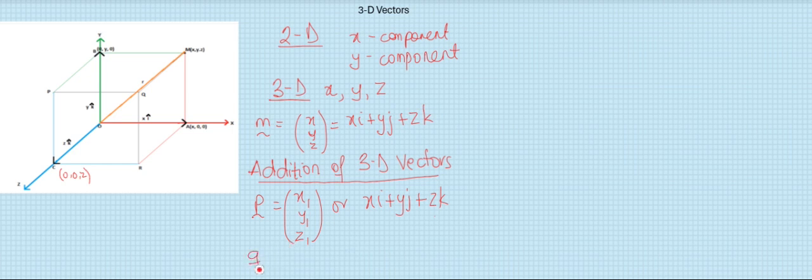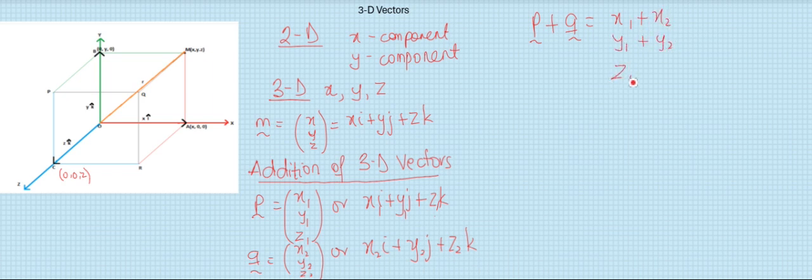And we have a vector Q, x2, y2, z2, or Cartesian form, so sorry, this will be x1, y1, z1, and this will be x2i plus y2j plus z2k. So that P plus Q is going to be x1 plus x2, y1 plus y2, z1 plus z2.